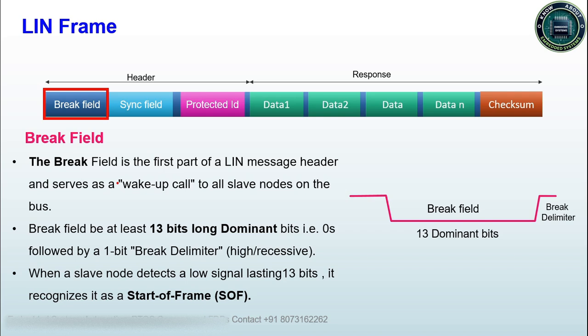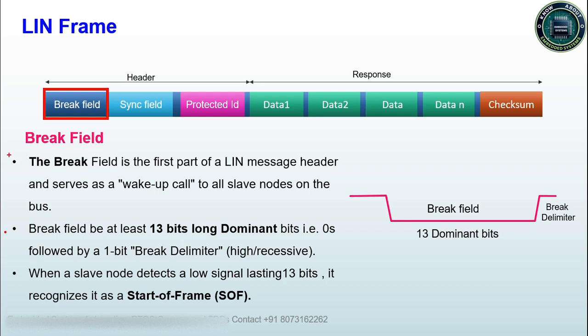In LIN it is slightly different. Instead of start of frame, we use something called the break field. The break field is nothing but a start of frame, but slightly different from other protocols.